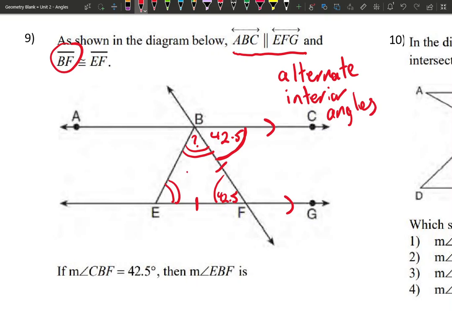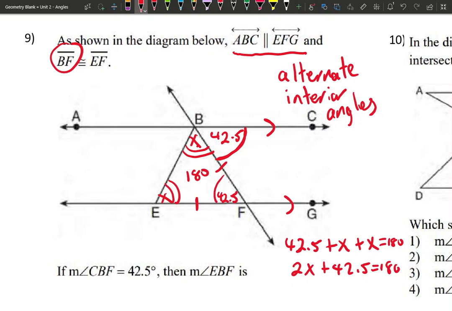Okay, so the three angles in that triangle must add up to 180. However, if we are trying to find this angle up here, but we also know that this angle is the same measurement, we could just call it x as well. And then we can make a little equation saying that, hey, if I add the 42.5 with one of those angles, and then also with the third angle, right? So these are the three angles of the triangle, I must get 180. And we can solve this. So that's 2x plus 42.5 is equal to 180.